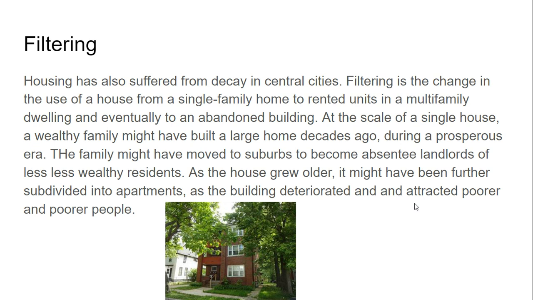So again, this is an area that maybe was once an up and coming neighborhood where wealthy people lived. They moved out during white flight, and now it is more of a dilapidated neighborhood. Rockford has some of these as well, especially older homes that are subdivided into apartments. Questions about filtering? Somewhere in your city, you need to have some of this happening.